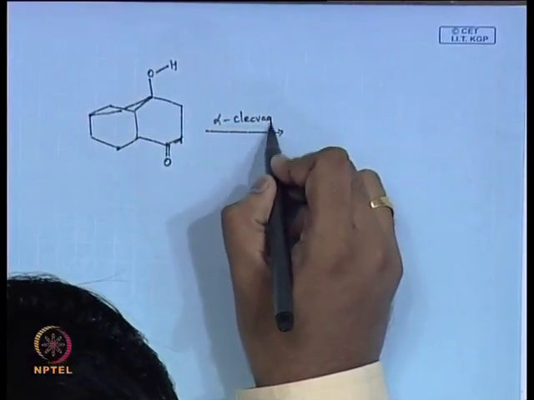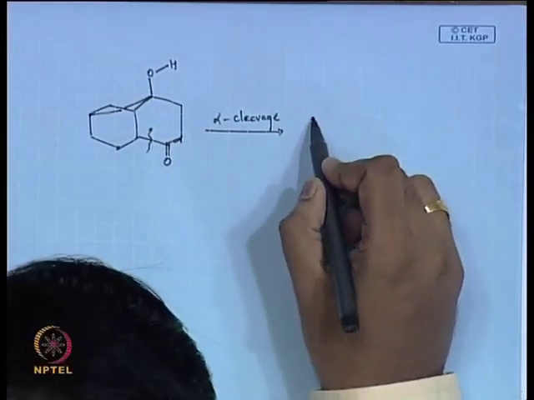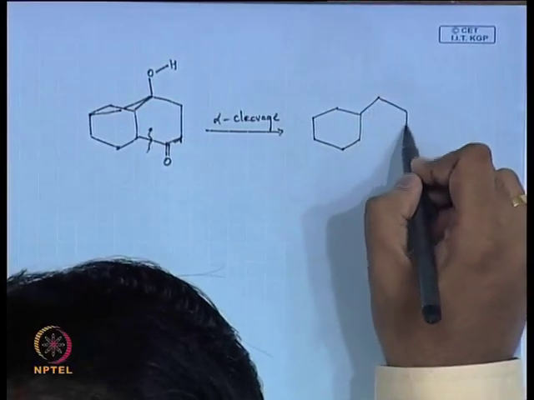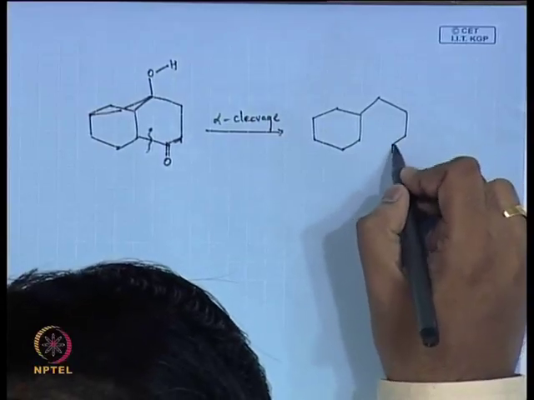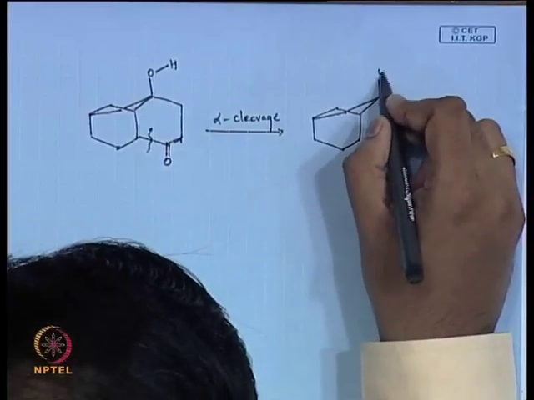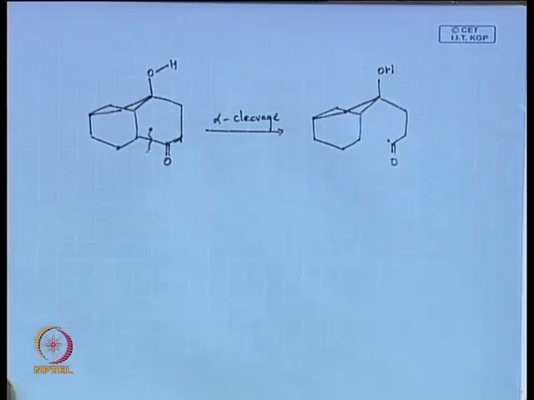Because you know that once you have a strained ring, you always prefer to do an alpha cleavage reaction. So if I do an alpha cleavage, right? I got this product.